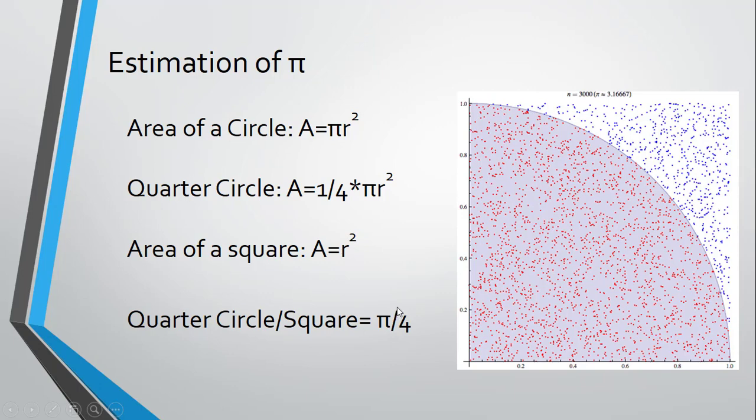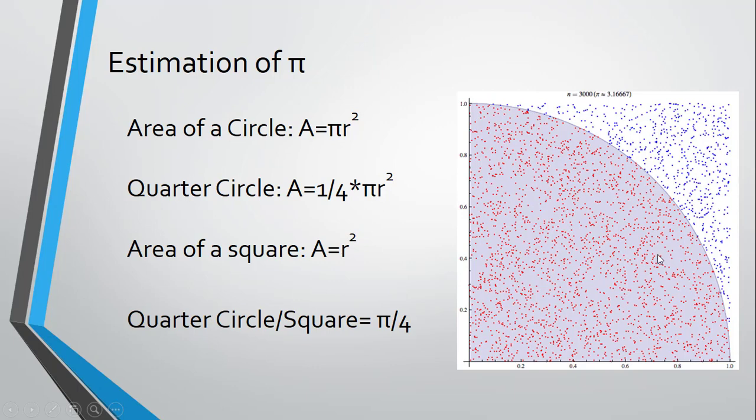So if we can calculate the area of the quarter circle and also the area of the square, then with that ratio we can calculate 1/4 of pi. Of course, times 4 we get pi. So how do we do that? We can use the Monte Carlo simulation by putting dots randomly into this.